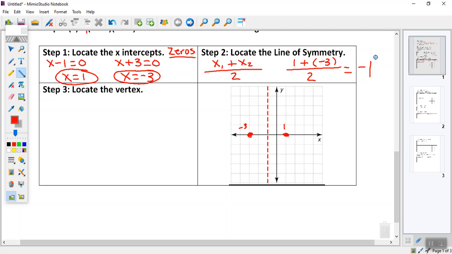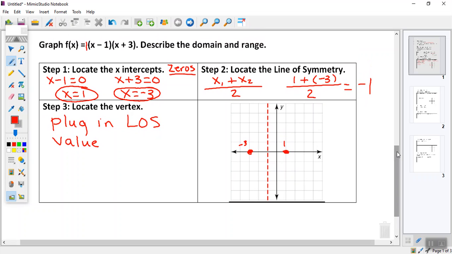Locate the vertex. So you're simply going to plug in your line of symmetry value here. We need to find the y value. So using this function that we're trying to graph, f of x equals x minus 1 times x plus 3, the y value equals, what am I plugging in for x?